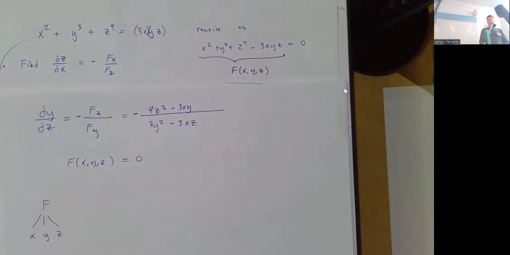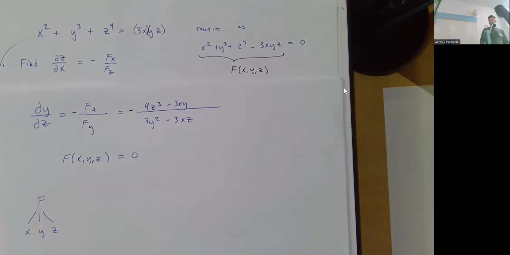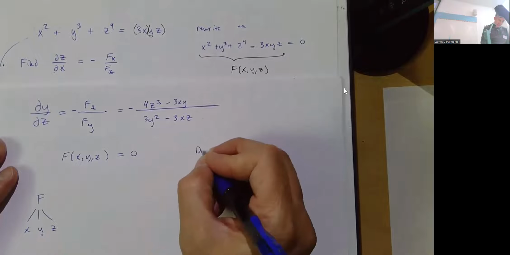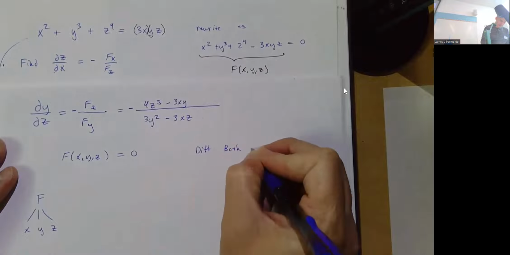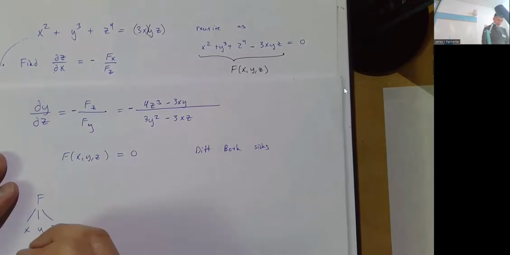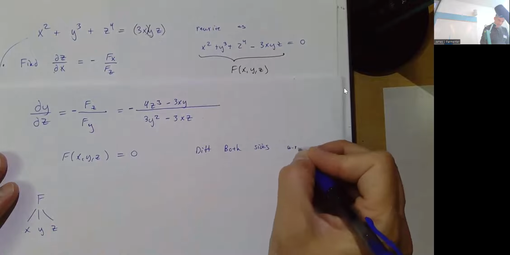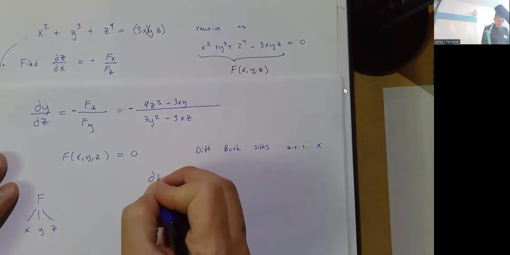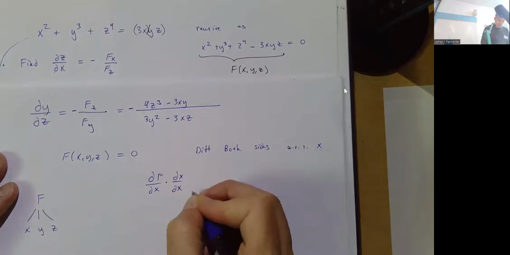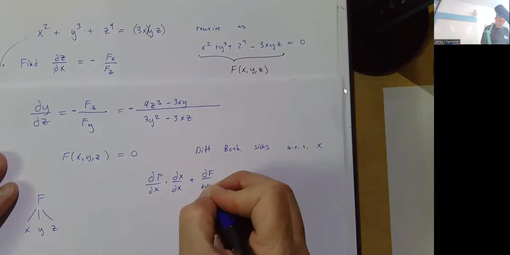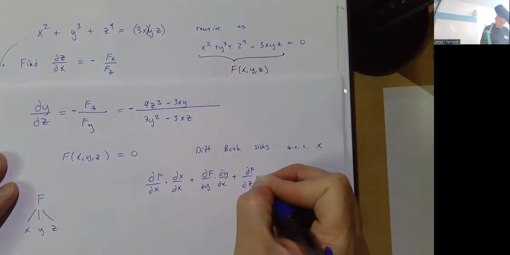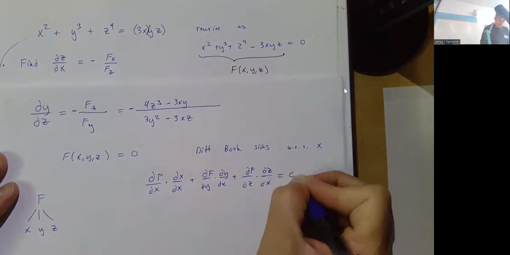So if I differentiate both sides with respect to x, we get del f del x times dx dx plus del f del y times dy dx plus del f del z times dz dx equal to 0.